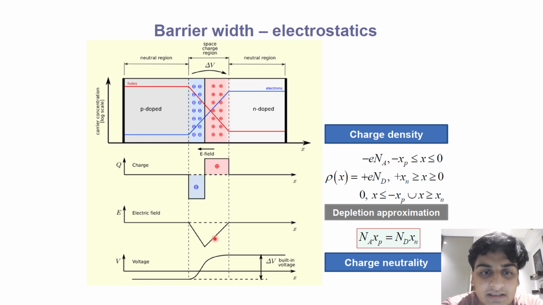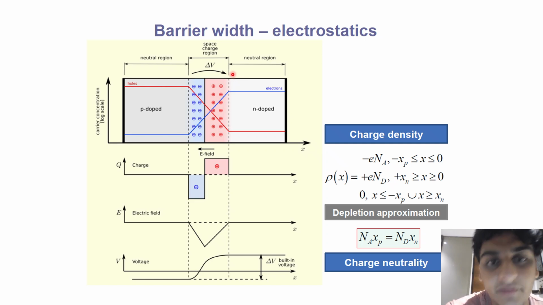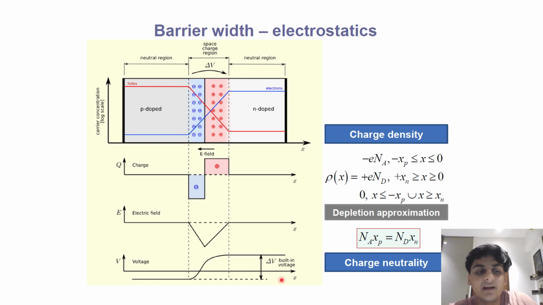Then we will integrate the electric field to come up with another expression for the built-in voltage, except this time we will also have our width in the variables. So when we equate this to the expression of the built-in voltage that we just calculated, we will get an expression for the width. That is the plan for this derivation.